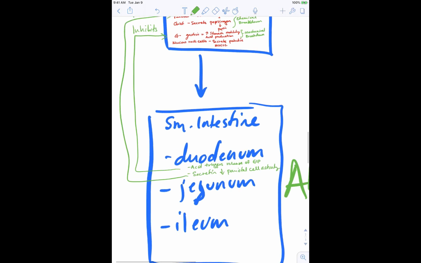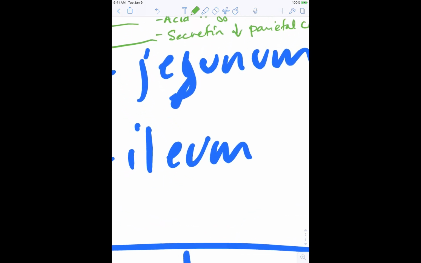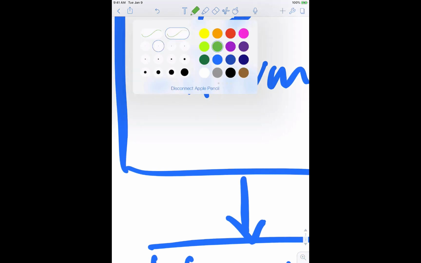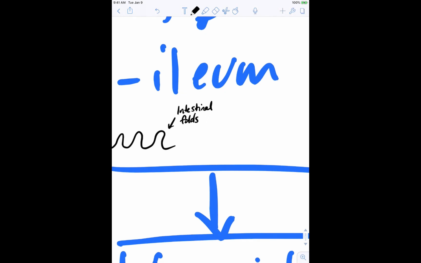Now, the rest of the small intestine is really concerned with the absorption of material. And if you were to look at its structure, what you would see is inside of the intestine there are waves like this, and these are called intestinal folds. And it's really long, and both of these things increase the surface area, and they also slow down the movement of food through it.